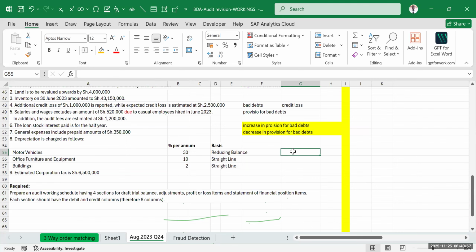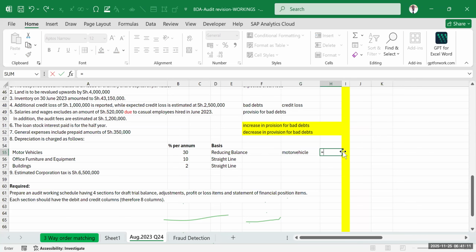Depreciation for motor vehicle. We are told it is on a reducing balance. So I will come here, put an equal sign. Reducing balance means if it is 30% per annum, then it is 30% of the reduced balance.